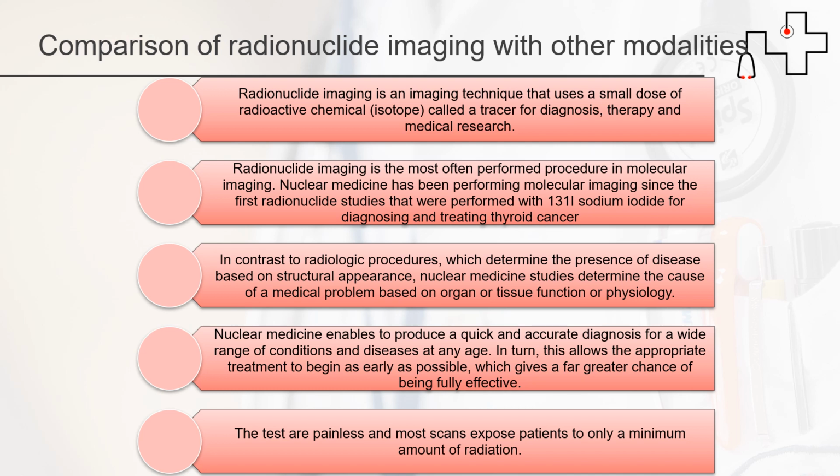So therefore, this allows the appropriate treatment to begin as early as possible, which gives a far greater chance of being fully effective. The test is also painless, and most expose patients to only a minimum amount of radiation.